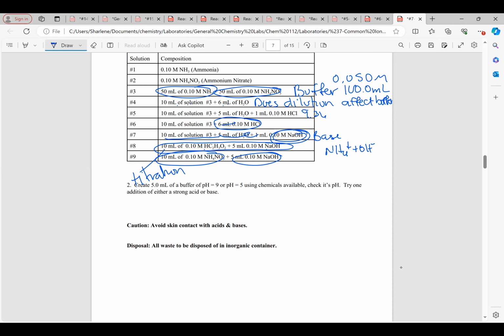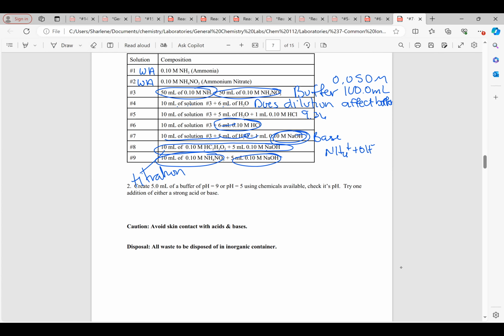So this one was just a weak acid. This one was just a weak acid. I don't know why I called ammonia a weak acid. This one was a weak base. This one was a weak acid. This one we made a buffer. This one we diluted a buffer.